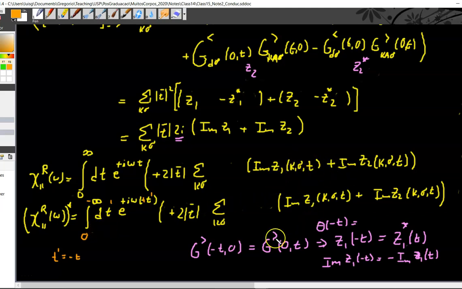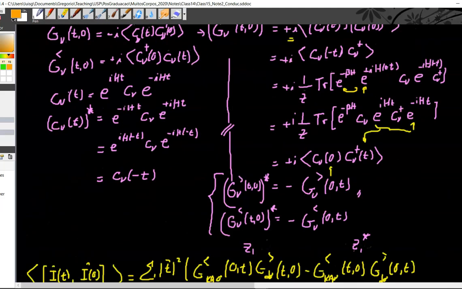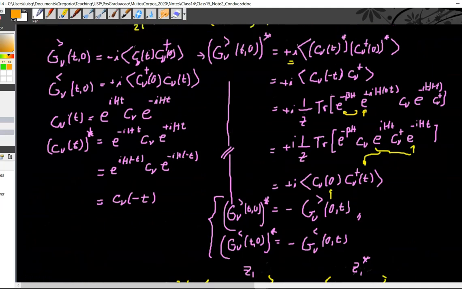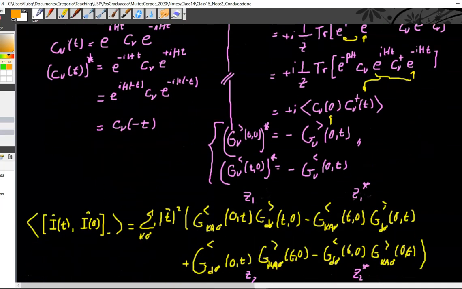Why? Well, if g lesser or greater, either one, of minus t and 0 equals 0 and t, and we showed that a little bit above, right? If we just go from 0 to t to t to 0 is the same, right?